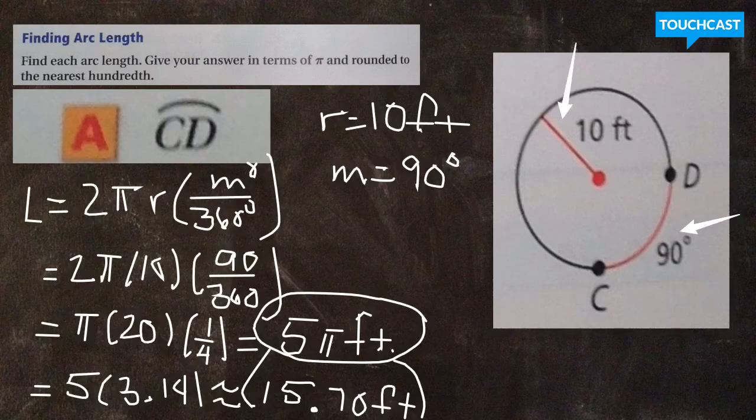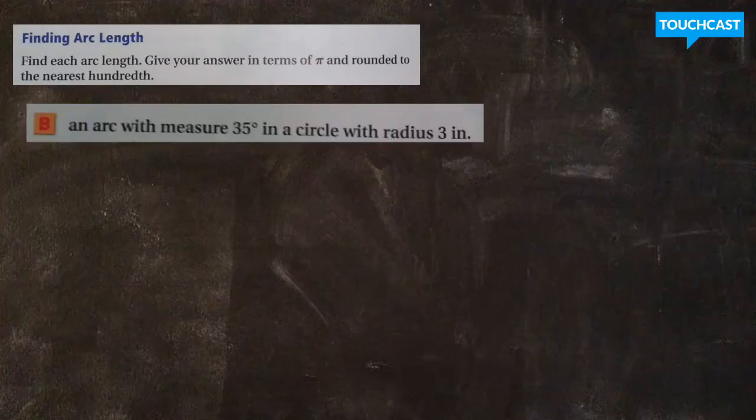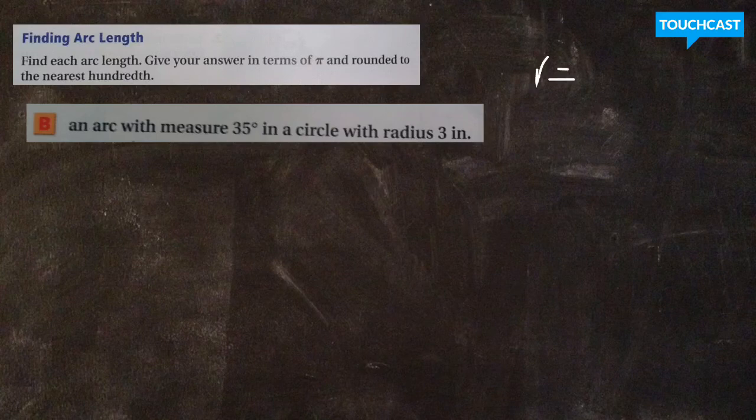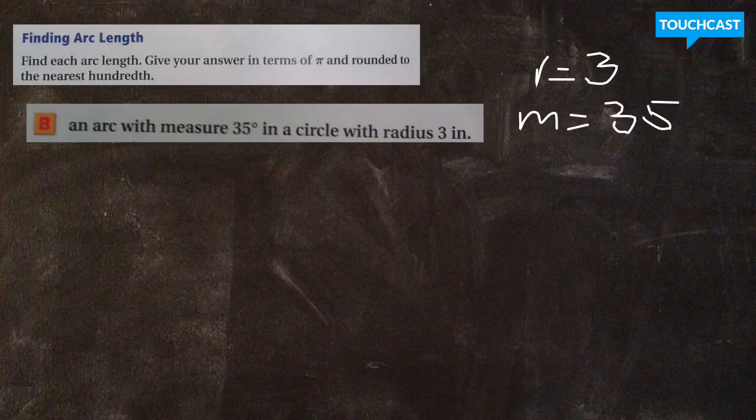Let's do one more example. So we have a circle with an arc measure of 35 degrees and a radius of 3 inches. So we know that the R that we'll need to use in our formula is 3, and the M is 35. So let's start by writing out the formula again.